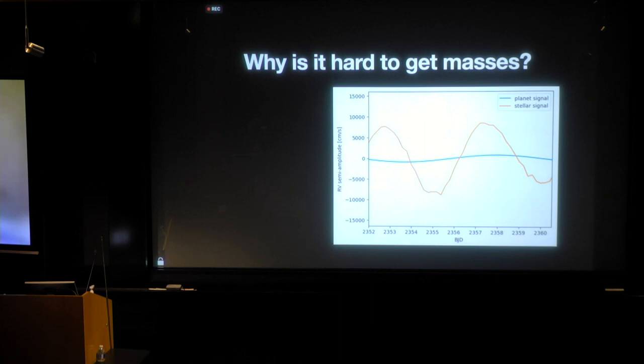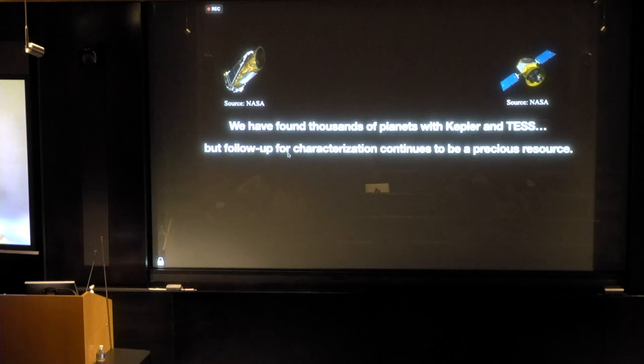Now, you can decrease the error from the stellar variability with more observations. And that's what a lot of people try to do. But you can begin to imagine that you're going to quickly reach a bottleneck, where characterization of these thousands of planets that are obtained through these surveys is going to be a precious resource.